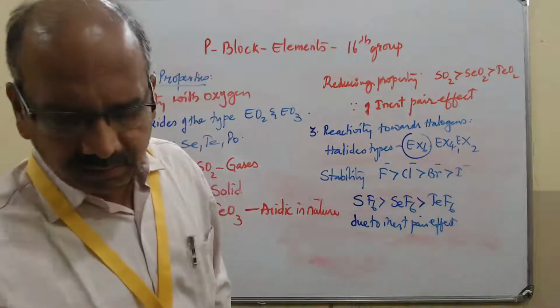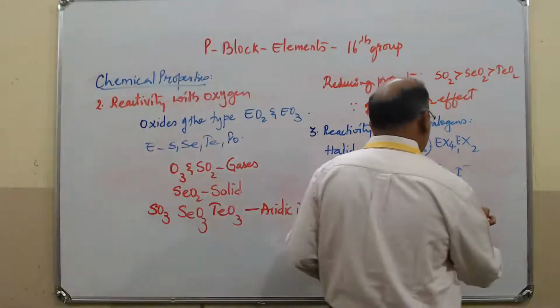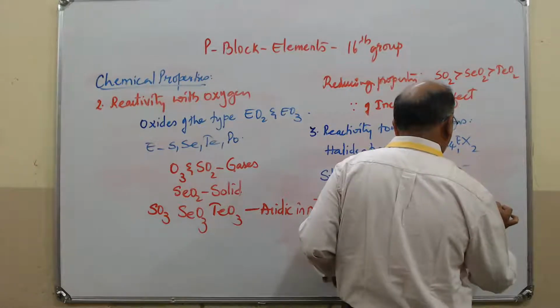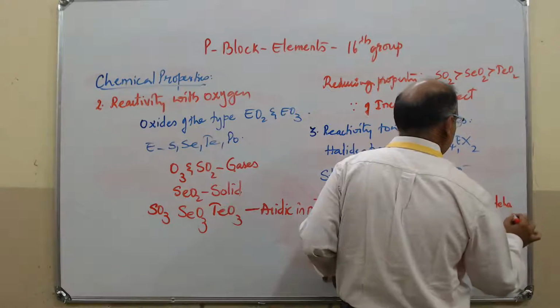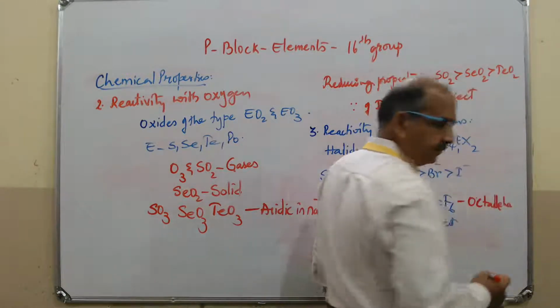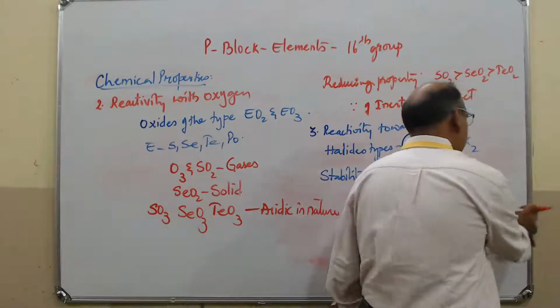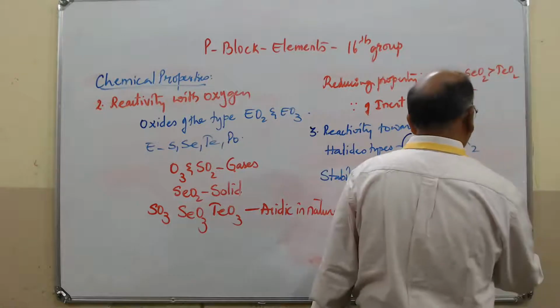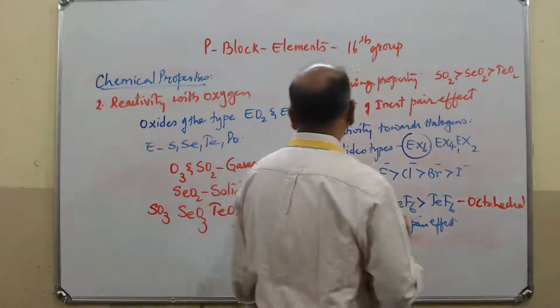And in what form do they exist? All these hexafluorides exist in the octahedral form. What is that octahedral form?